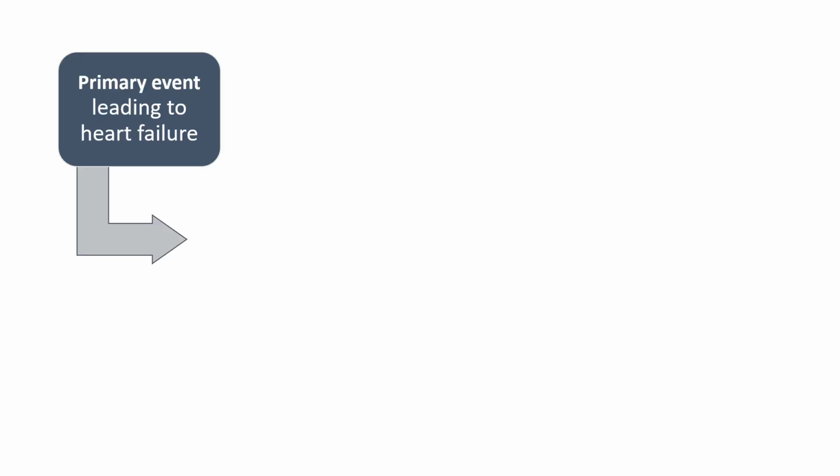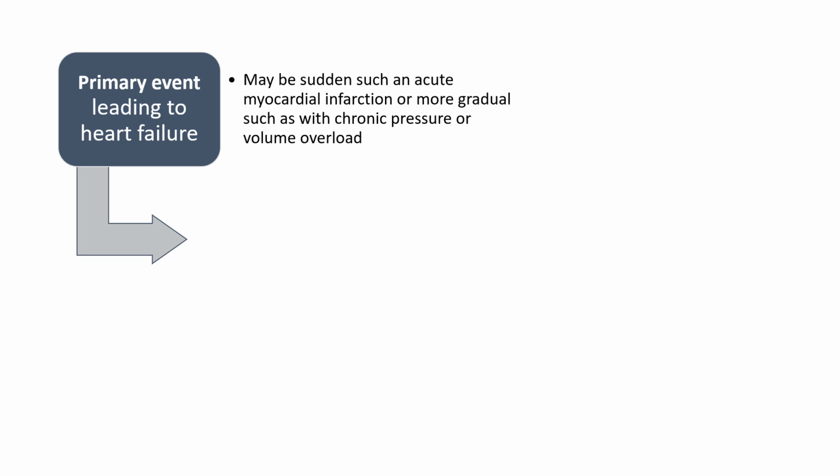So let's here take the example of a patient who suffers from a primary event leading to heart failure. It may be sudden, such as an acute myocardial infarction, or more gradual, such as with chronic pressure or volume overload, as if we take the example of aortic stenosis or chronic hypertension.